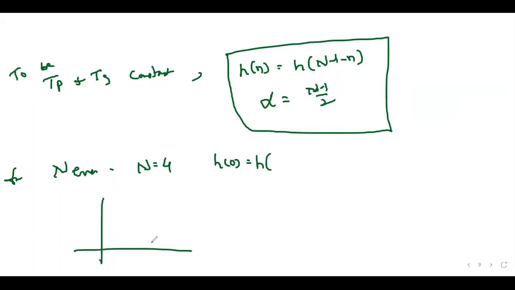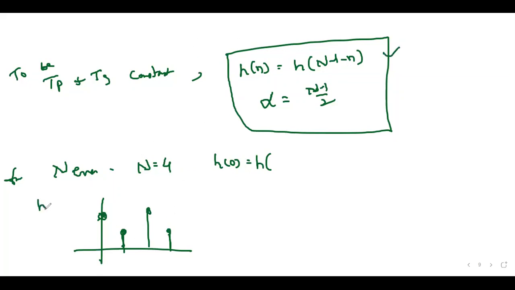I will actually note it. This is the first sample, the second sample, the third sample, and the fourth sample. Four samples are there. So this sample must be equal to the last sample in order to satisfy this.